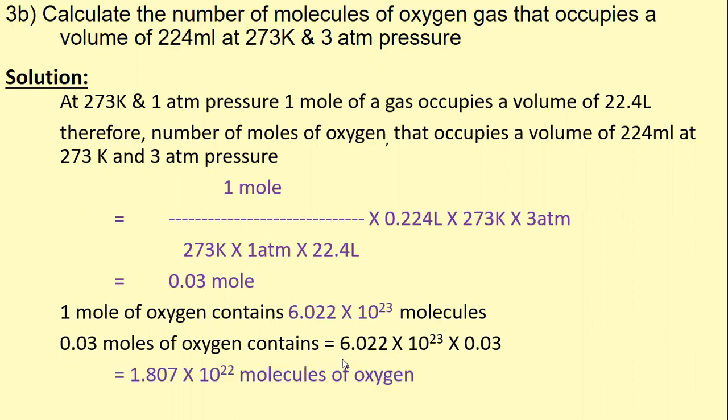Once we multiply, we get the answer 1.807 into 10 to the power 20 molecules of oxygen. So these will be the molecules of oxygen for this 0.03 mole.